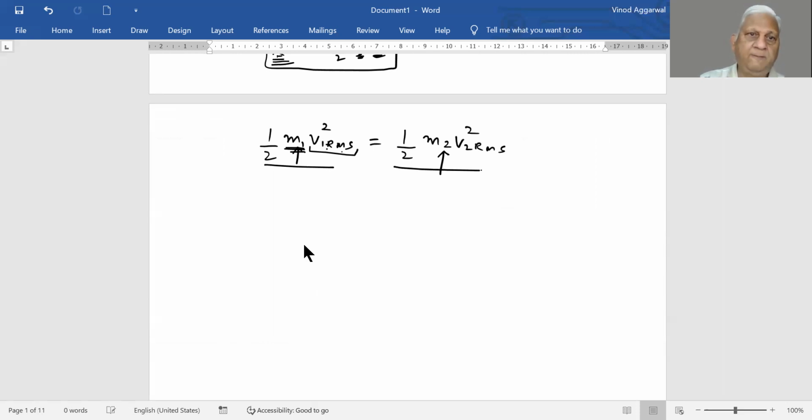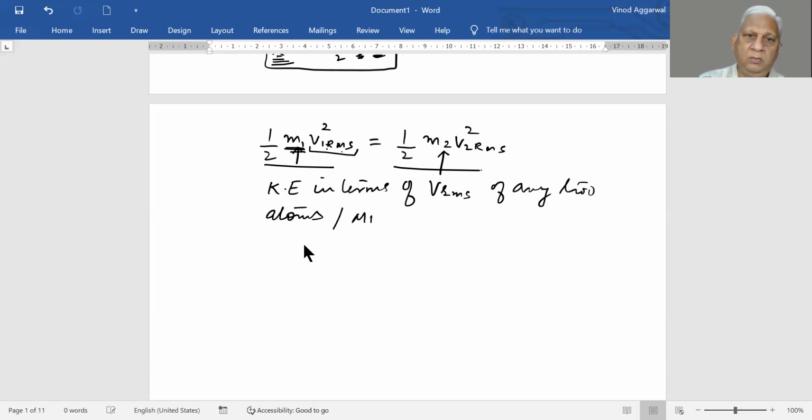So what it means is kinetic energy in terms of v RMS of any two atoms or molecules is same.